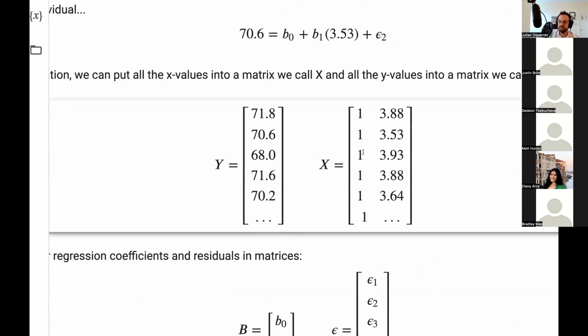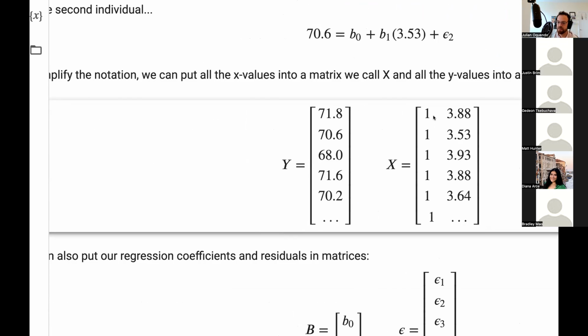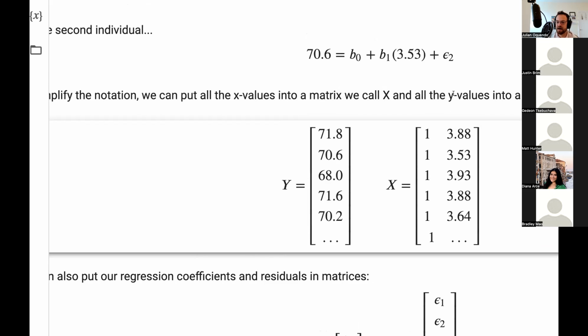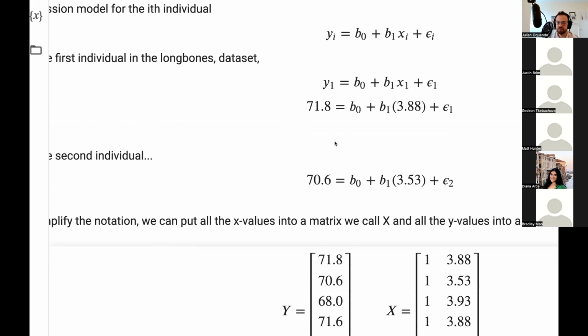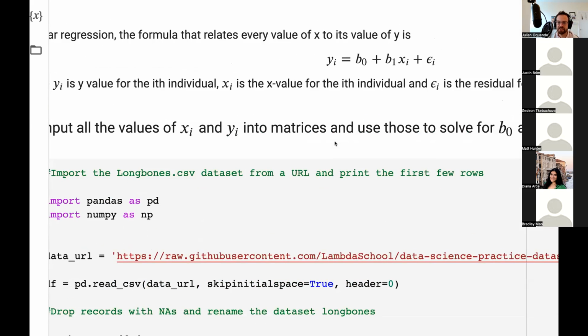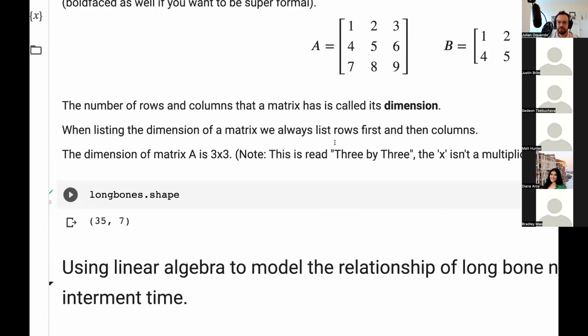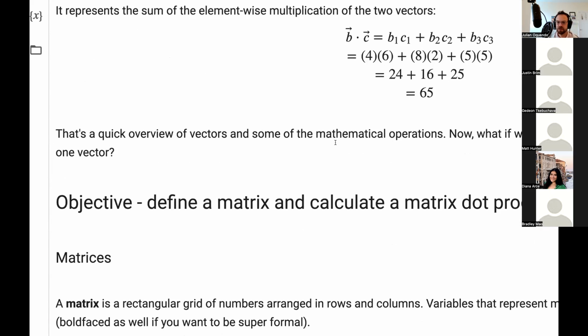Note a thing that gets added to your X matrix here: a series of ones has been added. The reason behind that is the process behind matrix multiplication, or measuring the dot product of a matrix multiplication.